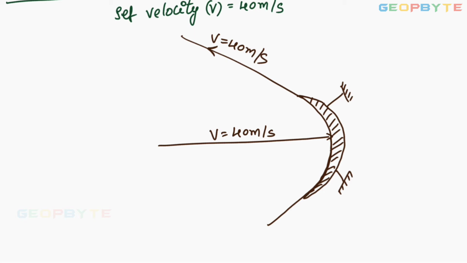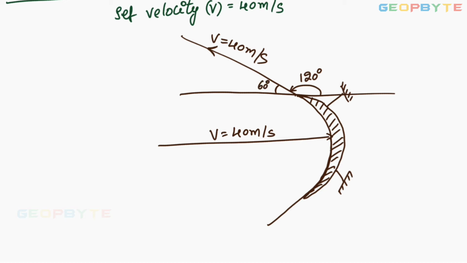while it is expanding over the fixed plate, but it is deflecting at an angle 120 degrees. This is the deflection angle, jet deflection angle. If this is 120 degrees, this is equal to 60 degrees.